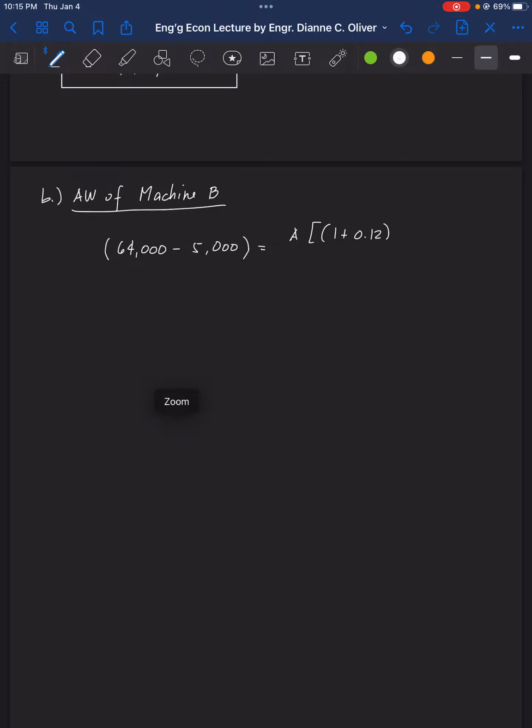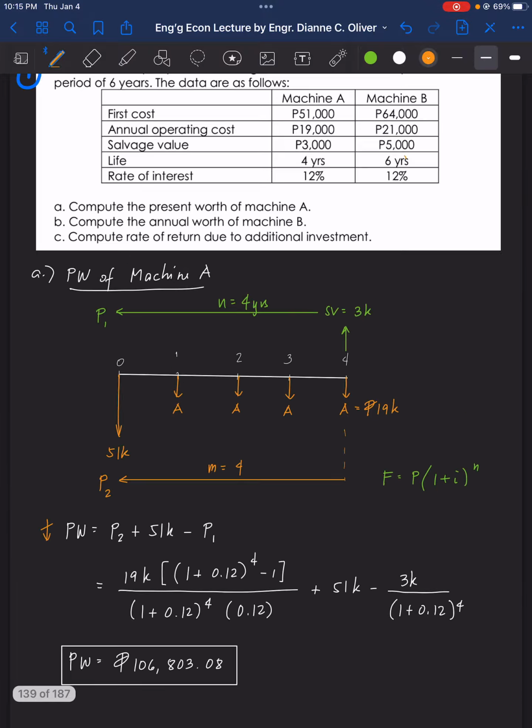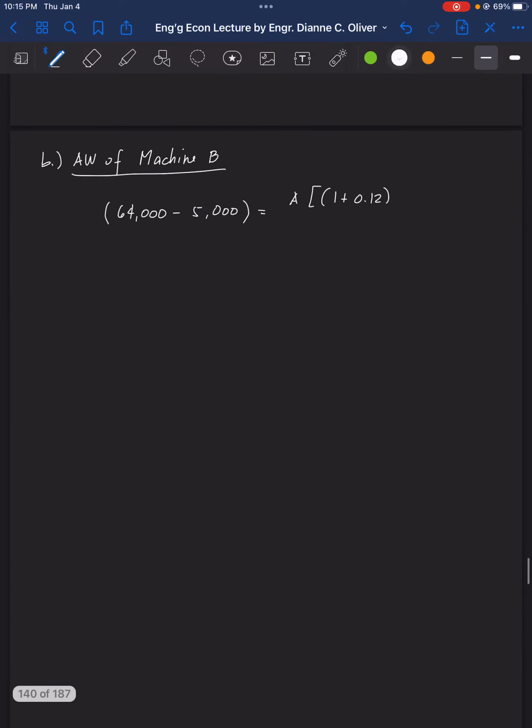That will be 6 years. So this one has 6 years. Raised to 6 minus 1 all over 0.12.